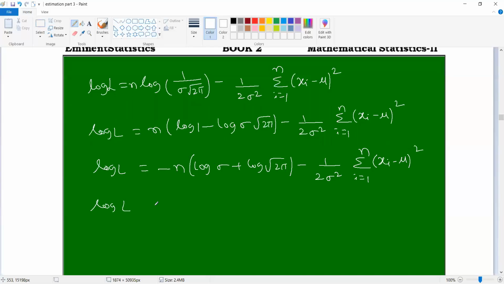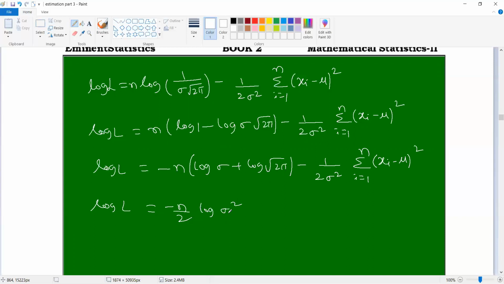So here we have to find the MLE of sigma square. Here sigma is there, so now convert sigma into sigma square by applying the logarithmic properties. This is a purely constant value, minus n by 2 log sigma square, since log a power m is equal to m log a.